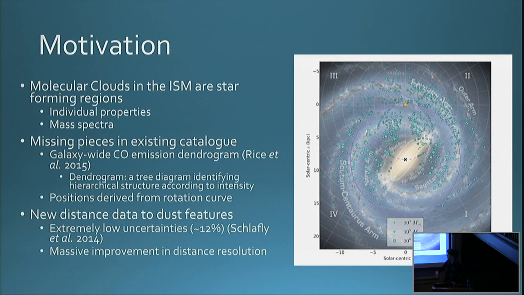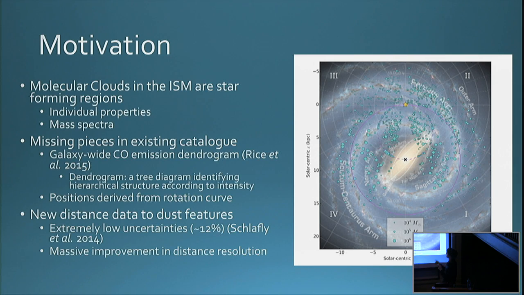They derived the position of each of these features in the dendrogram from a rotation curve by translating its relative velocity with respect to the sun into a distance. And so they used all that data to collect a catalog of around 1,000 molecular clouds throughout the Milky Way.